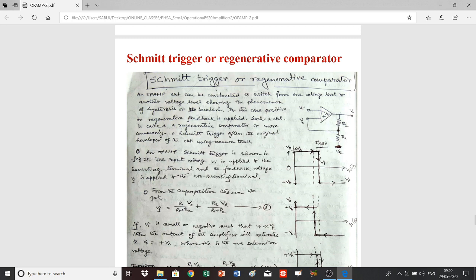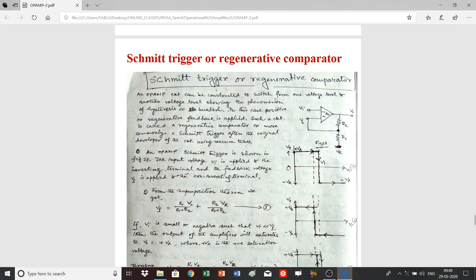We can define a Schmitt trigger as an electronic device in which a voltage switching action will be found when the voltage changes from one voltage level to another voltage level.